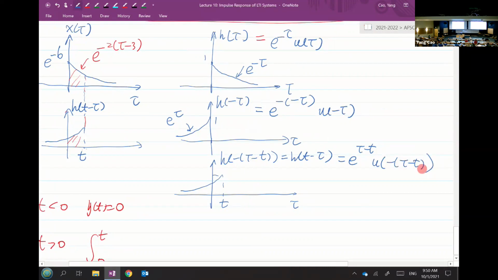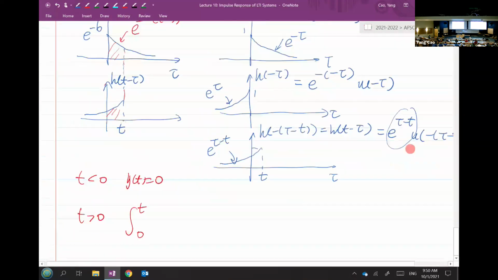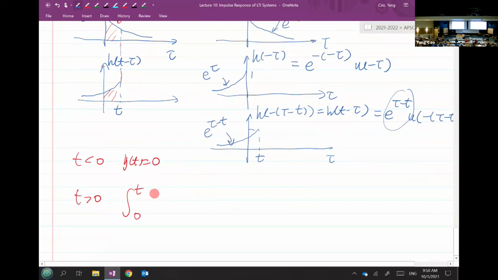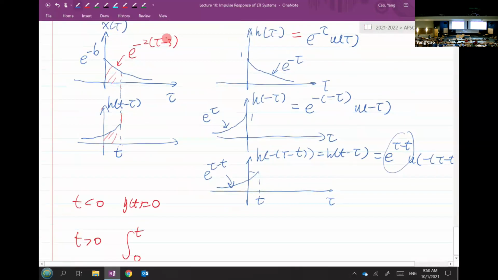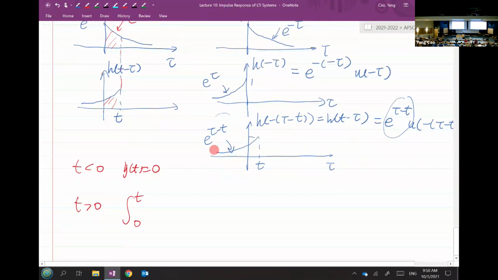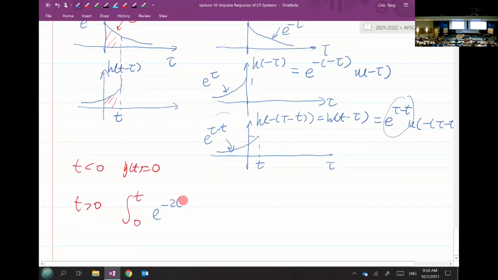So basically for this segment, it's e to the power of tau minus t. Then the integral will be just the multiplication of this function with this function: e to the power -2 tau minus 3 times e to the power tau minus t d tau.